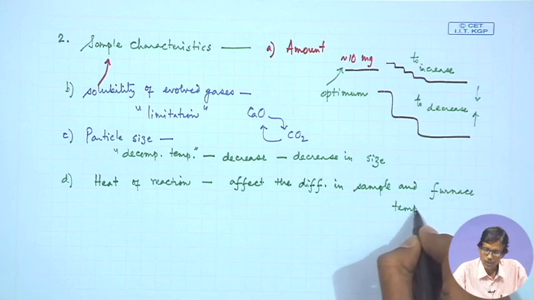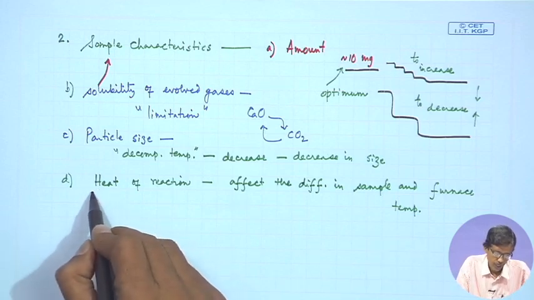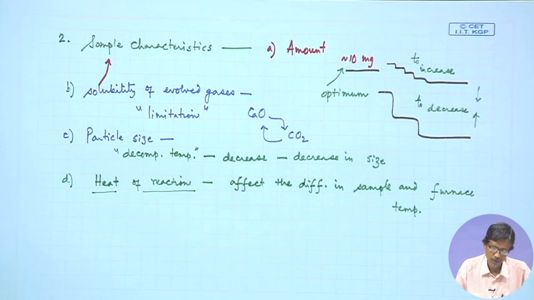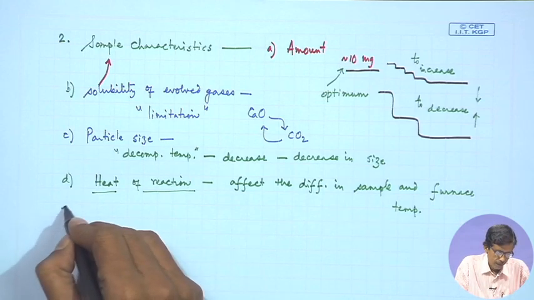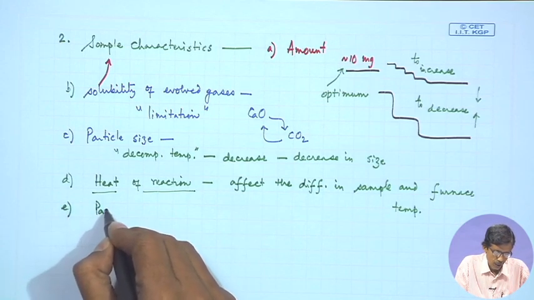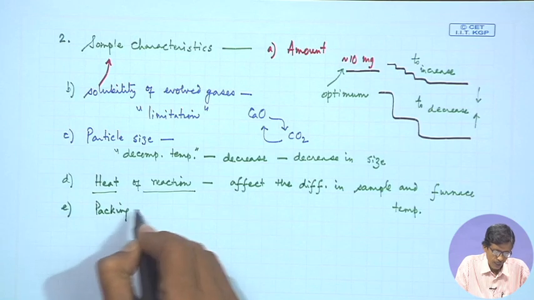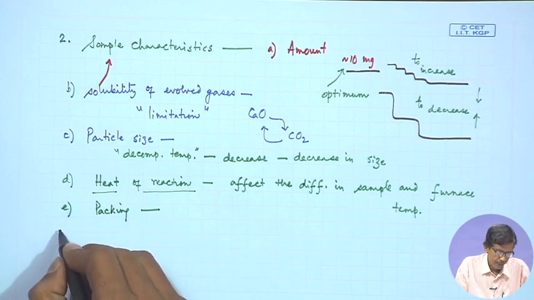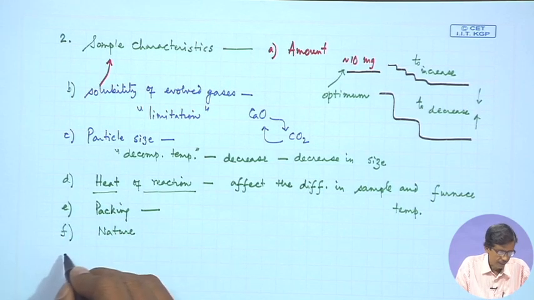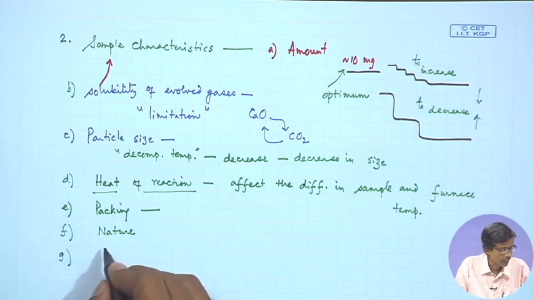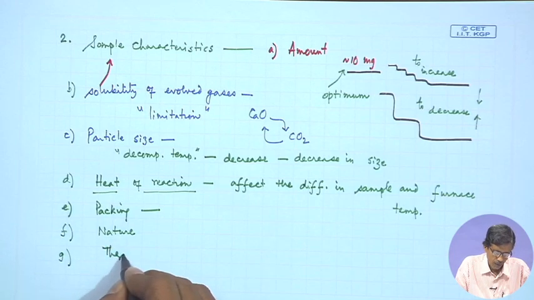So, we should be careful about the heat of the reaction for the particular reaction we are monitoring. Then the packing, we should also see how closely packed it is within the crucible, and definitely the nature of the sample, and lastly we should have some idea about the thermal conductivity.